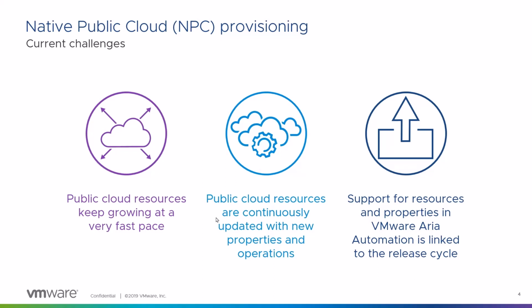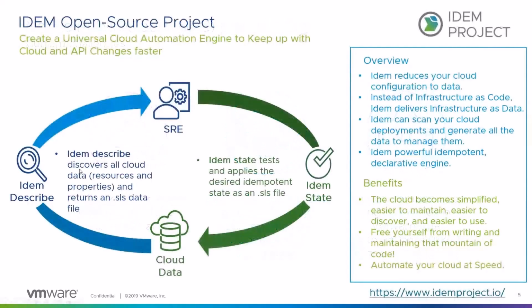Aria Automation today is on a monthly release cycle. So that means if the cloud provider introduces a new property, you will have to wait until you update to the next revision of Aria Automation.